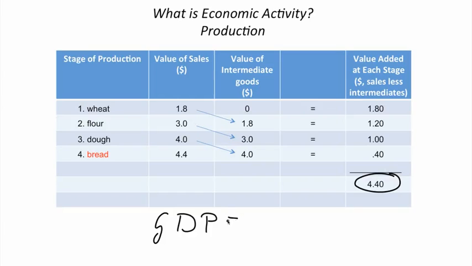So one way of thinking about gross domestic product, if we want to think about it as a flow of production, is that it's the sum of value added.